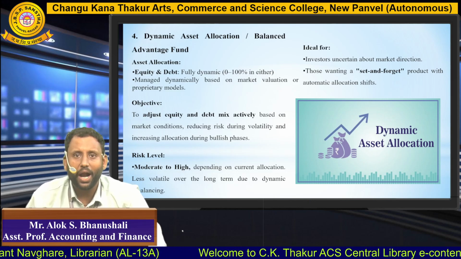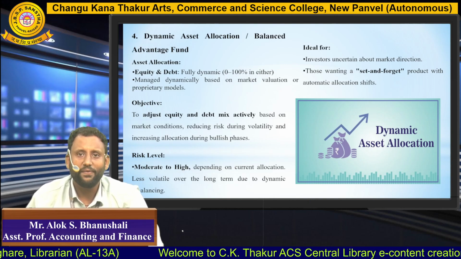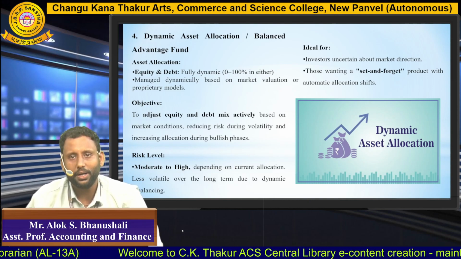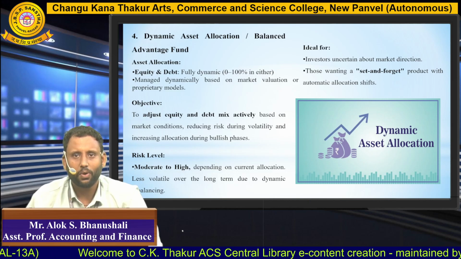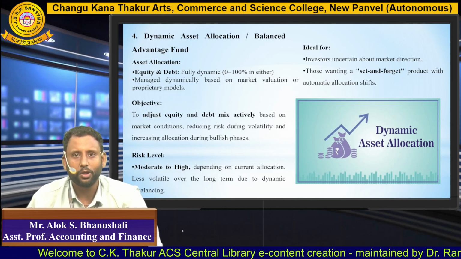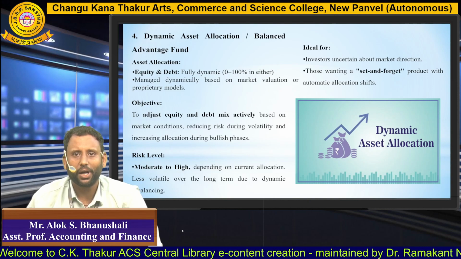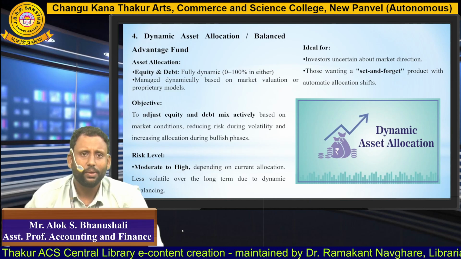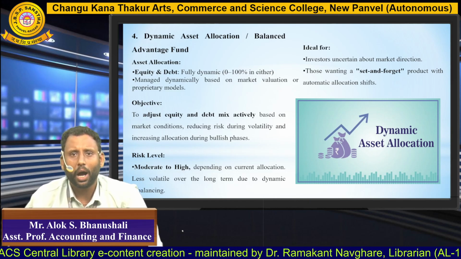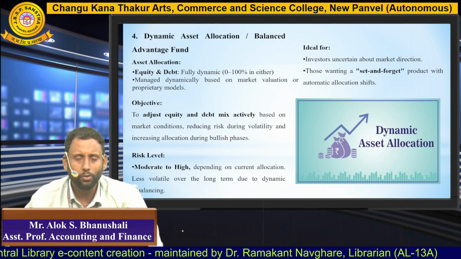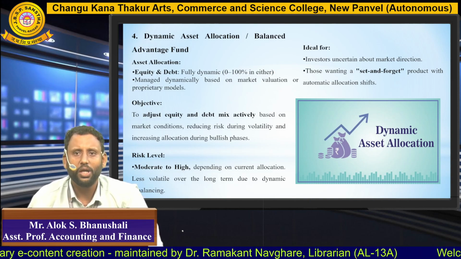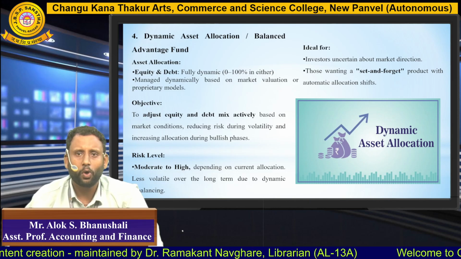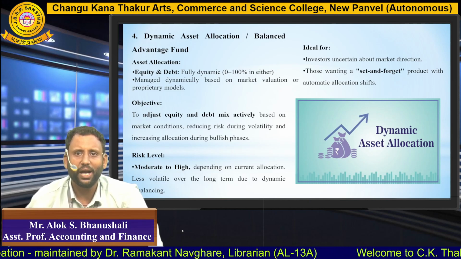Now, ideally, for which investor is this good? The investor who is uncertain about the market direction, and those wanting a set-and-forget product with automatic allocation shift. Means those who do not have any kind of knowledge about the market, who just want to invest the money and forget about it.